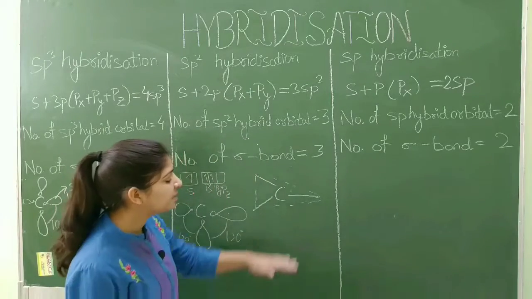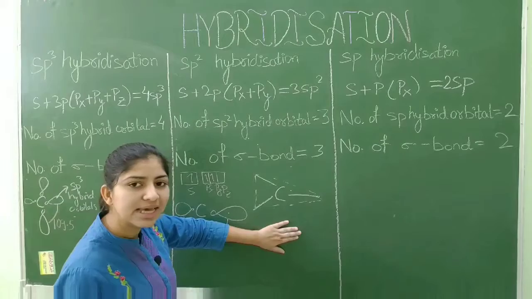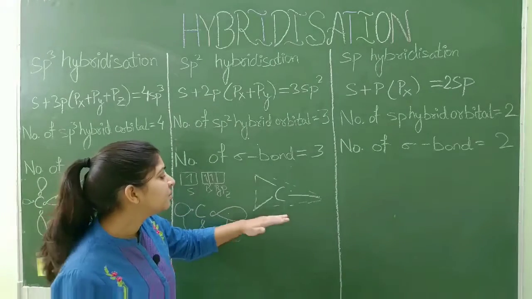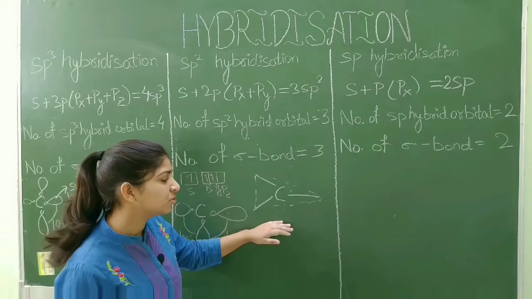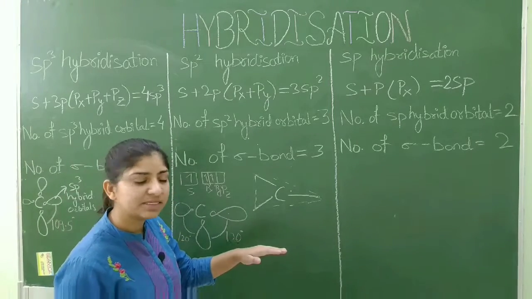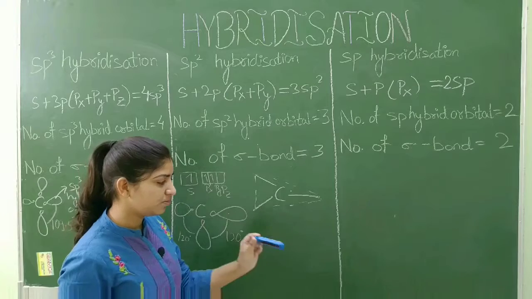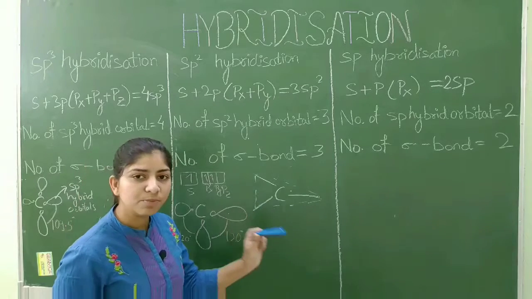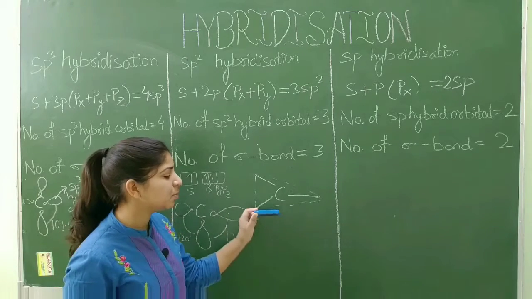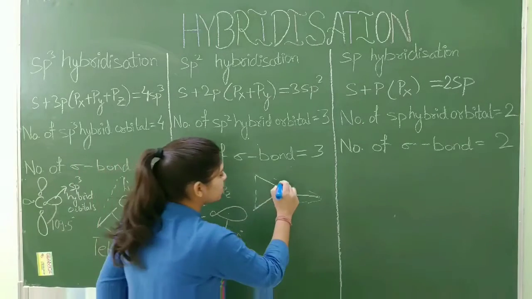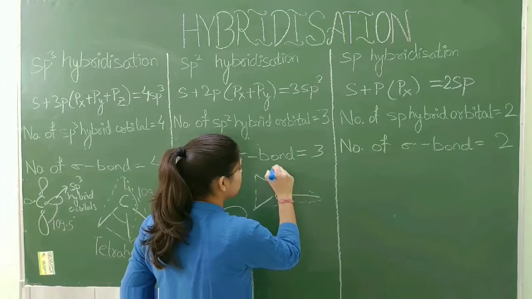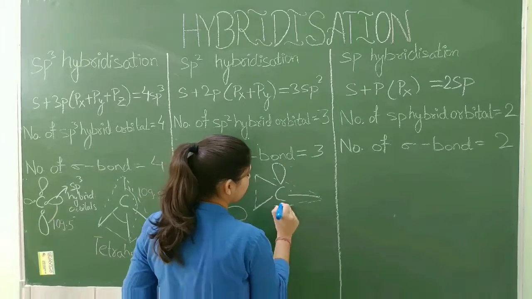Now let us assume that this is sp2 plane and pz is perpendicular to the sp2 plane, so pz will be placed here. Okay, so this is pz. So this is the position of pz which is perpendicular to this sp2 plane.